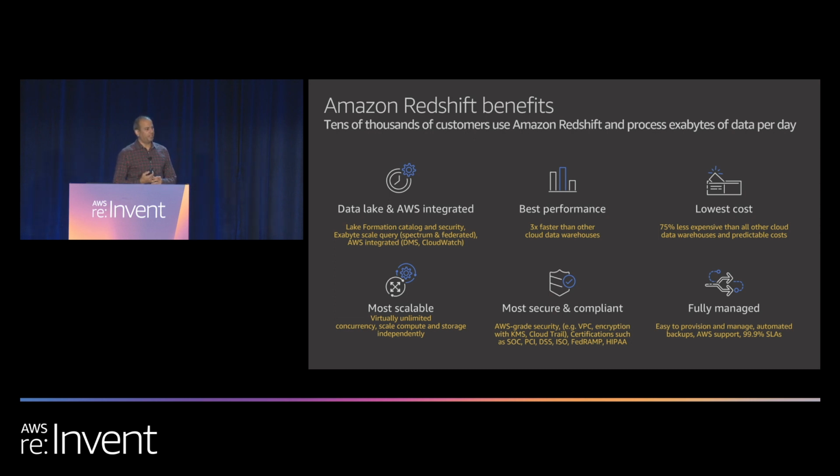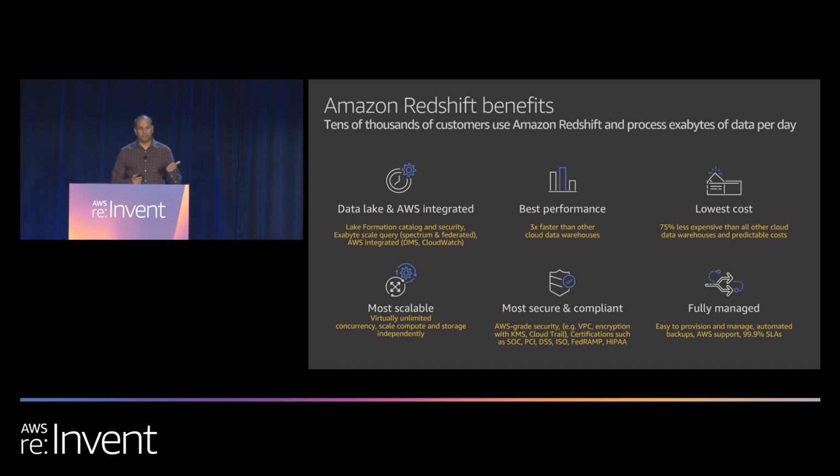Redshift is also integrated with the AWS ecosystem, so you can take advantage of integration with services like IAM, Key Management Service, CloudTrail, CloudWatch, Lake Formation, et cetera. So you don't have to worry about these integrations. If you're using Redshift for multiple purposes, Redshift is already integrated with that.